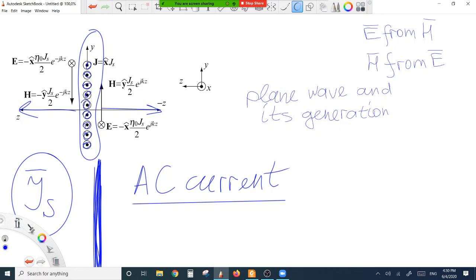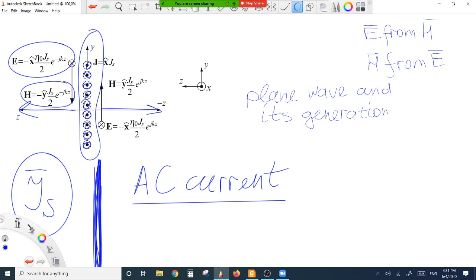So the magnetic field intensities and electric field intensities can be computed from Ampere's law, and in this case these are already computed.